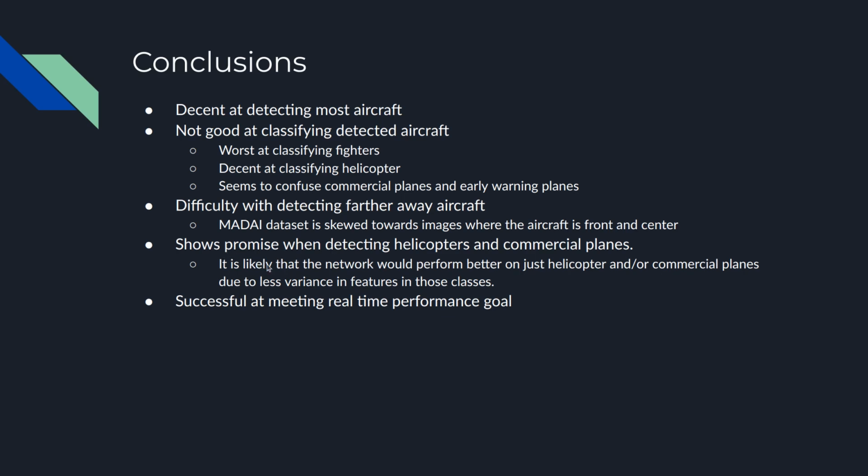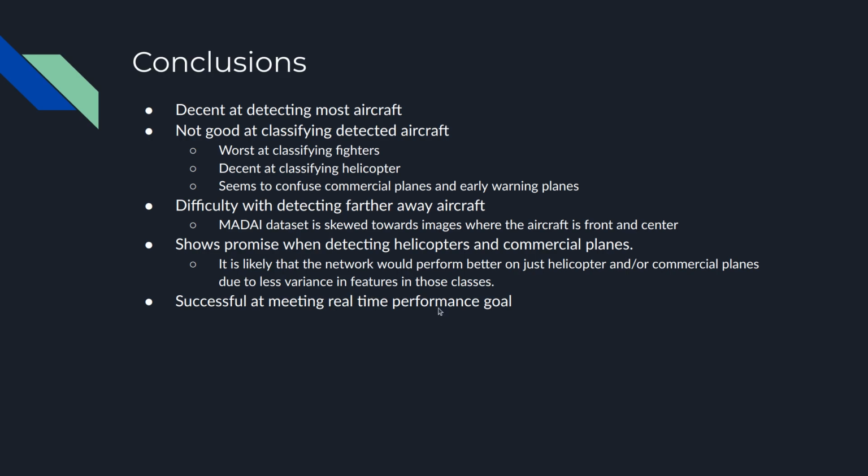It does show promise when detecting helicopters and commercial planes. It is likely that if the network were trained and tested on just helicopters and/or commercial planes, we'd have better performance. And we were successful at meeting the real-time performance goal.